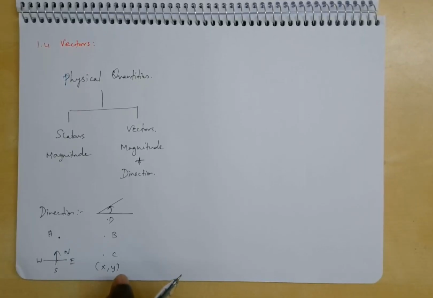Now, does the object care whether you are measuring upside down or downside up? No. So even if you are changing the direction, the temperature is not going to change. So temperature is a scalar quantity. The value is not going to change.